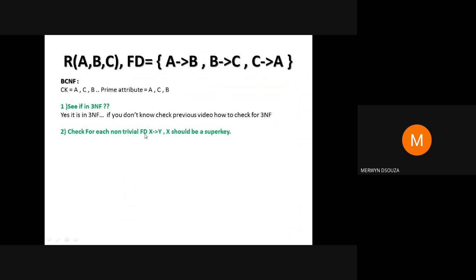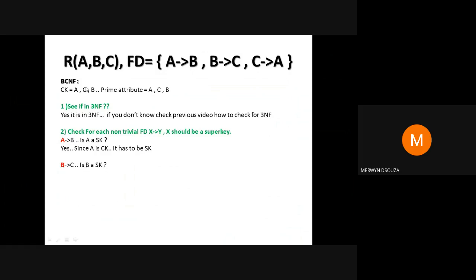Given a functional dependency X determines Y, X should be a super key. I take the first functional dependency, A determines B, and check the left hand side, whether A is a super key. Now I know that A is a candidate key, therefore A has to be a super key. Now I'll take the next dependency and check whether B is a super key.